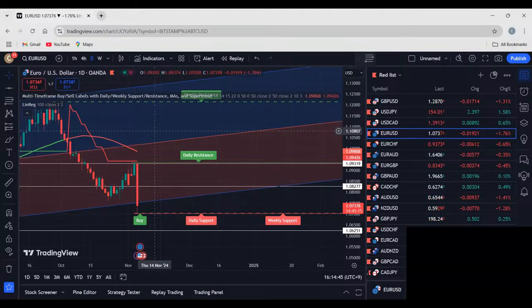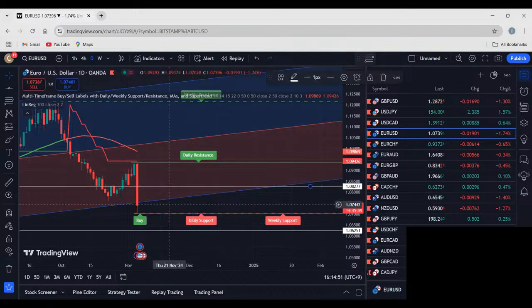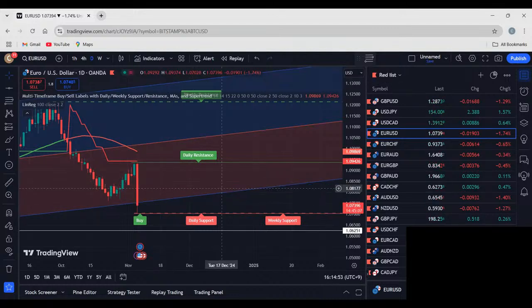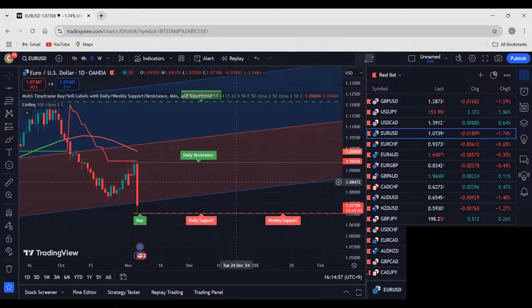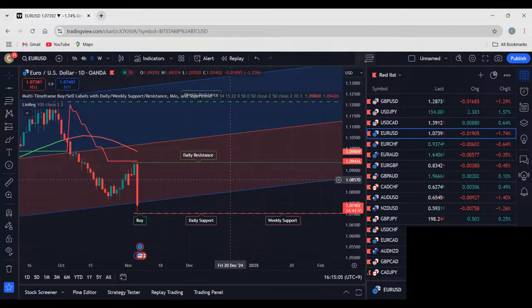Now let me show you guys something. This script works based on the daily and the weekly alignment on the same support and resistance. When the daily support aligns together with the weekly support, there's a strong tendency that price is going to reverse.